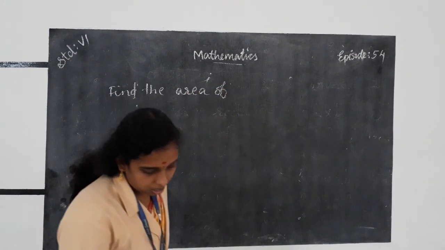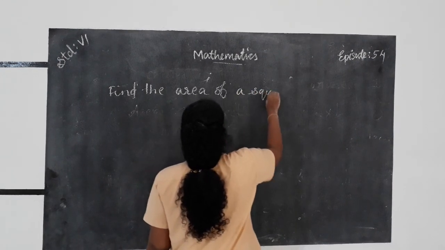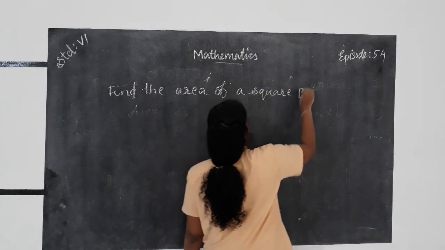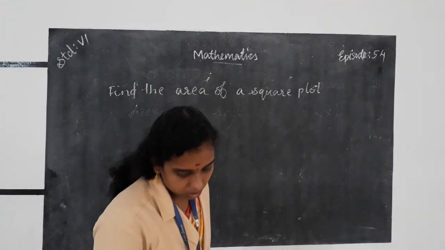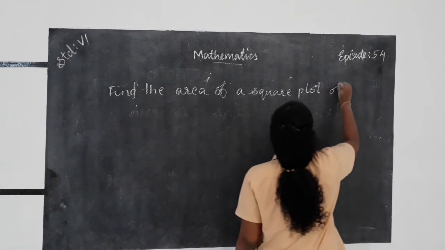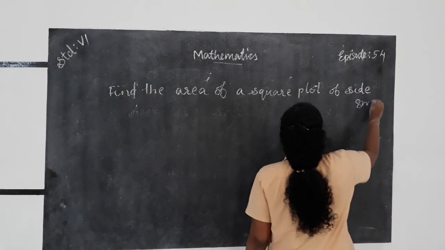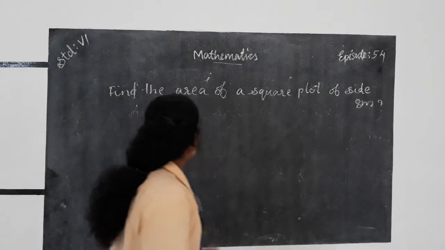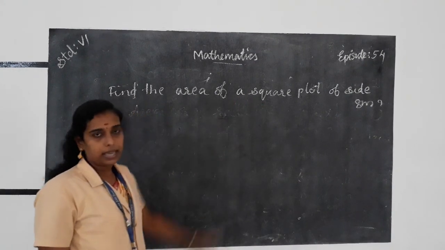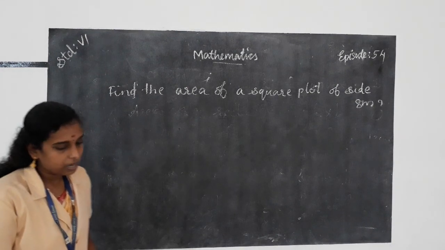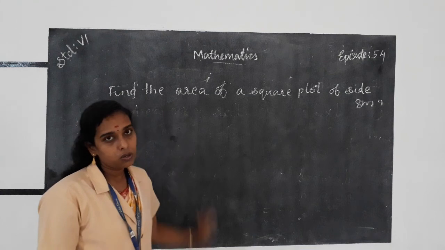So here we want to find the area of a square, and the side of the square is 8 meter. And to find the area of a square, the equation is side into side.